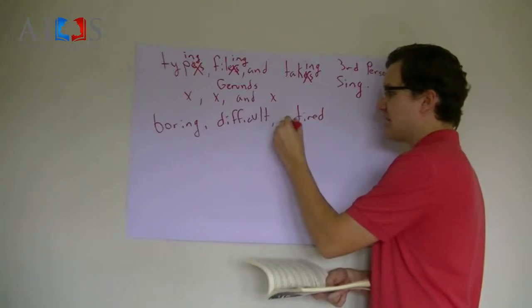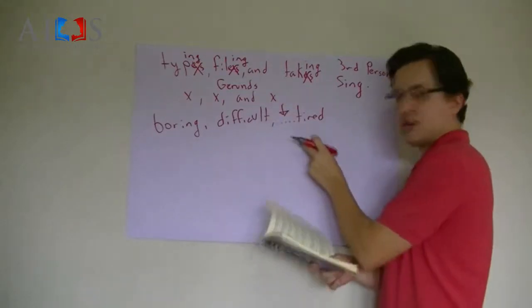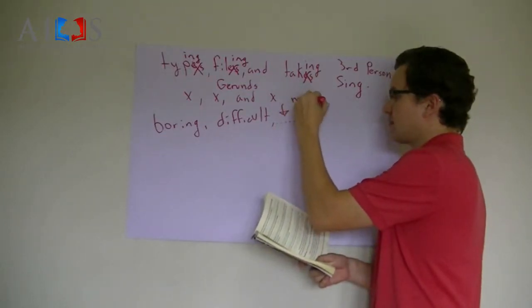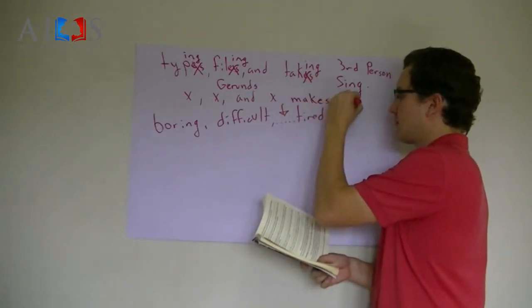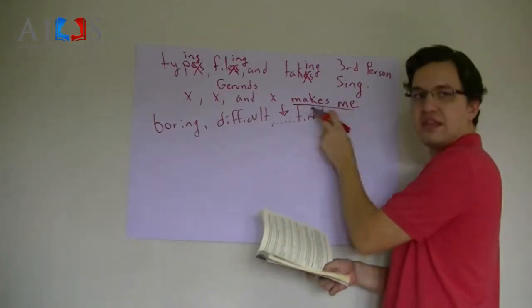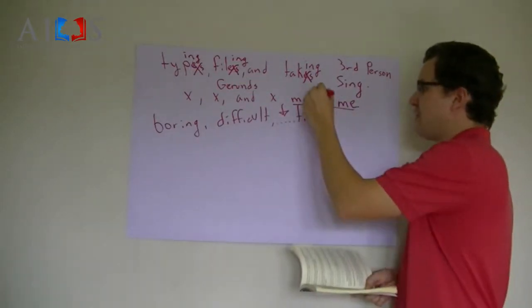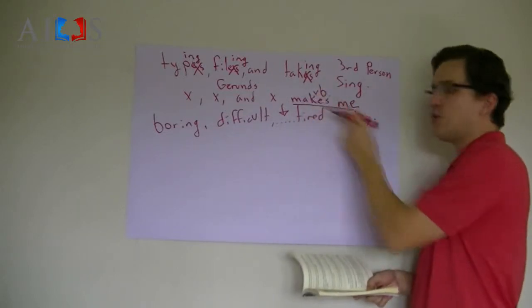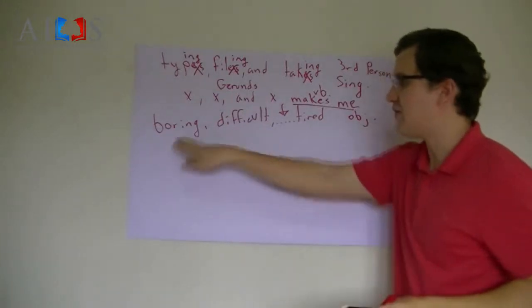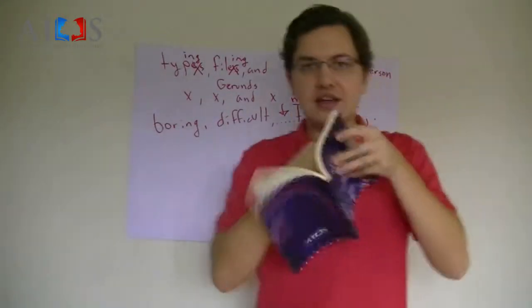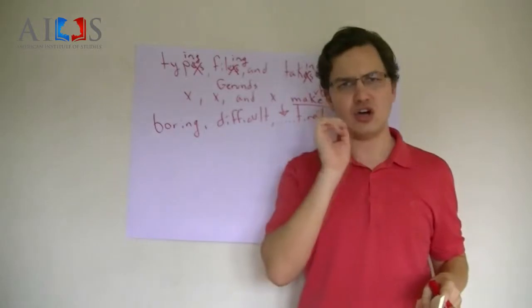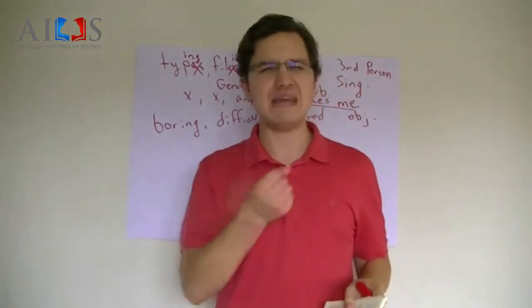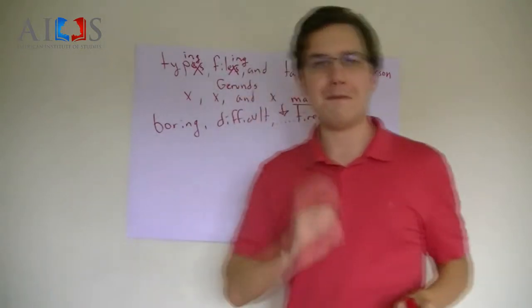But because you have extra information here, you have the words makes me, it doesn't match anymore. This is a verb, and this is an object. Verb and object. These do not have verbs and objects, so they hit each other and look or sound very different. Americans immediately can catch that they don't match.